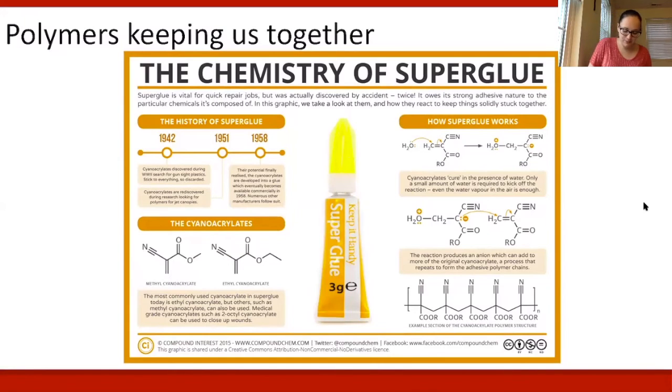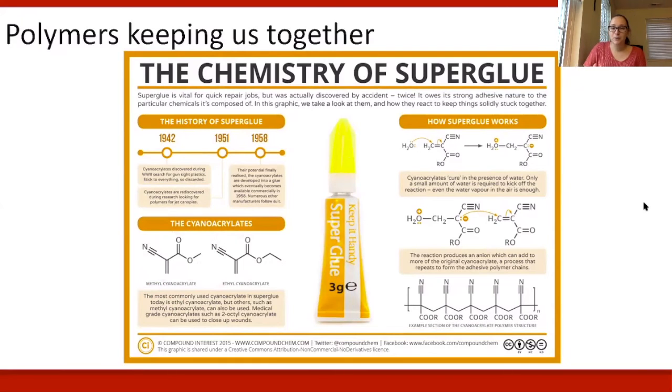So, for example, these are the two common ones, cyanoacrylates, either methyl cyanoacrylate or ethyl cyanoacrylate, as it shows here. And these molecules, when a tiny, tiny bit of water is around them, will interact with each other. So a tube of superglue is just pure amounts of one of the materials, whatever it is.